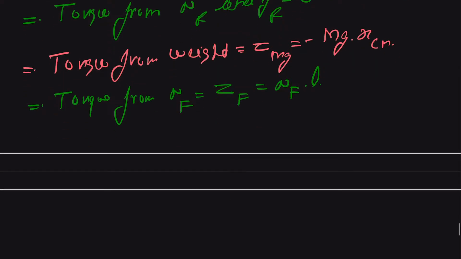Okay, and next is our torque from the frictional force, which is on the front wheel, and that will be equal to 0.